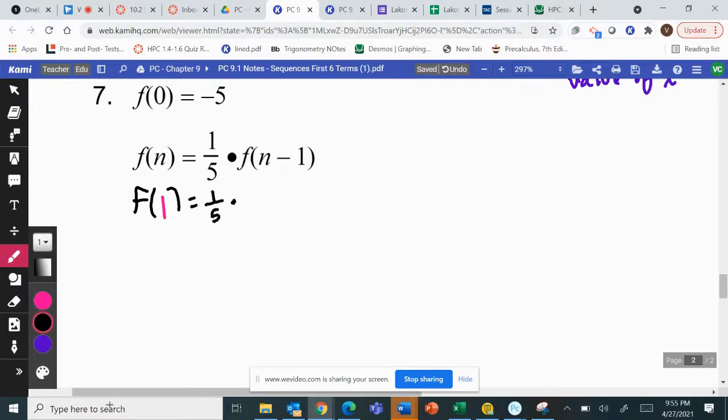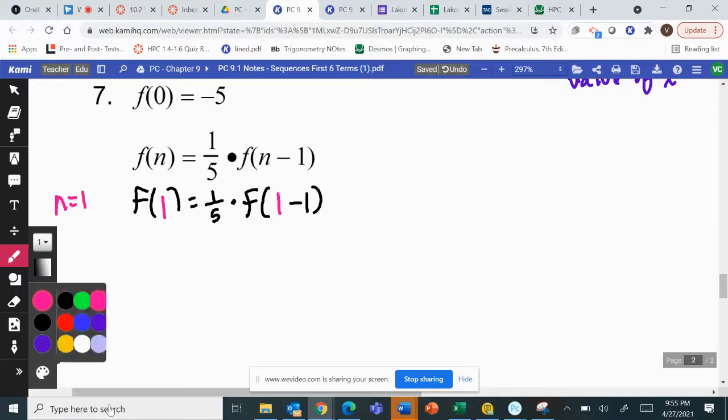And that's going to be equal to 1/5 multiplied by f of 1 minus 1. So n right here is 1. I'm going to plug it in all the way. So f of 1 means what is the value when we plug in 1? So that's going to equal 1/5 multiplied by f of 0.